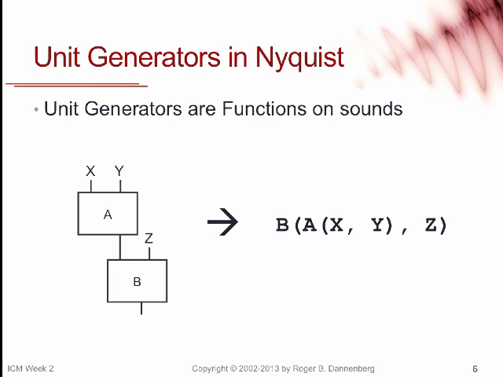On the left, we have unit generators A and B, and A feeds into B, and there are some extra parameters X, Y, and Z. Over on the right, you see that A is a function call with parameters X and Y, and the output of A, this whole expression, is the first input parameter to B, just like in this diagram where we have A going into B. Here is A as a parameter to B. And the other parameter, Z, is the second parameter to this function call on B. And B, of course, returns a value, which is the output value of the two unit generators.